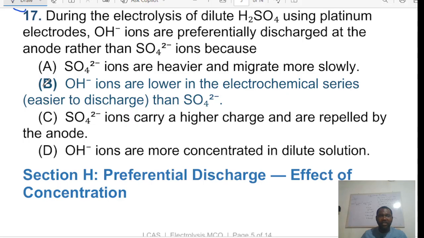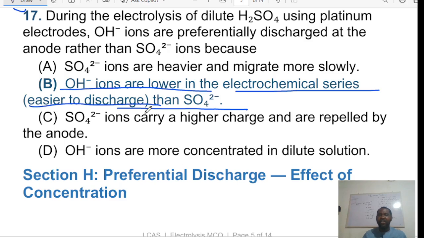The next one says, during the electrolysis of dilute H2SO4 using platinum electrodes, OH ions are preferentially discharged at the anode rather than SO4 ions, because OH ions are lower in the electrochemical series, so they are easier to discharge than SO4. So the answer to this question is B.